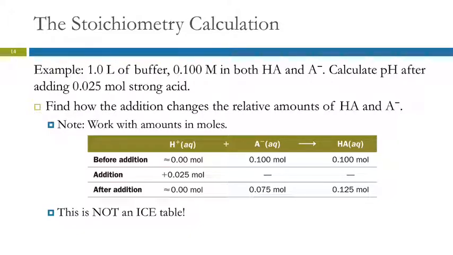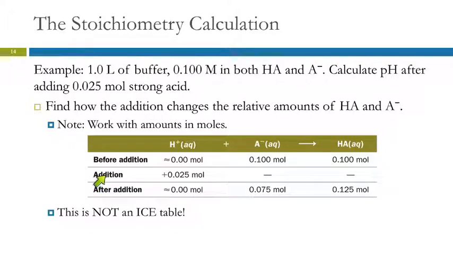So what we're going to do is find out how adding that acid is going to change the relative amounts. This is not an ice table. We're just looking at stoichiometry here. So we're starting out, before we added the stuff, we're saying there's essentially 0 of the hydrogen ion. We have 0.1 moles per liter of the A minus and 0.1 of the HA. Notice what we're doing here is we're working with amounts in moles because the stoichiometry needs to be moles. We can't really do concentrations. It gets ugly.